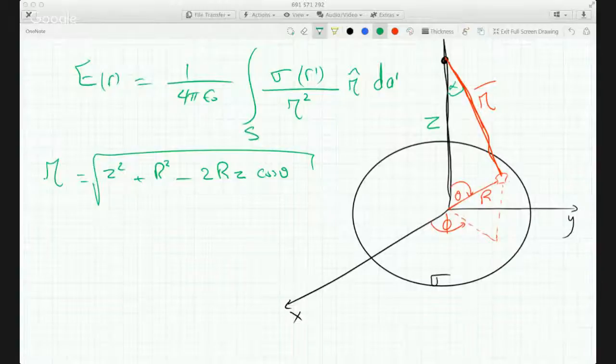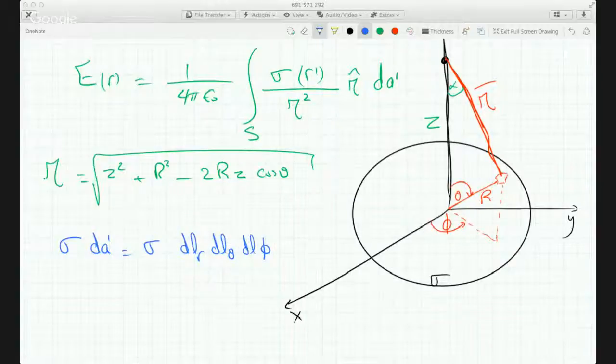Now what we have to do next is take the surface charge density. I'm basically interested in sigma dA, or sigma dA prime. What is this? Well, this is a uniform surface charge density. And what's dA prime? If you studied chapter 1 in Griffiths, you'll find out that dA prime is just dl r, dl theta, dl phi.